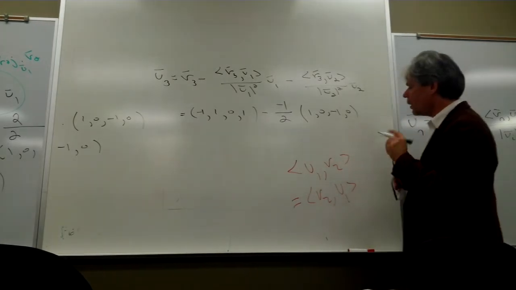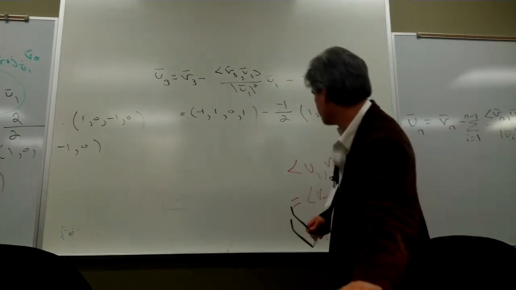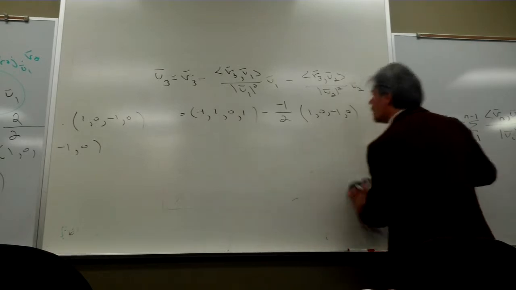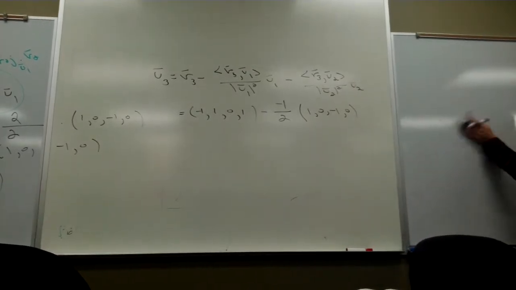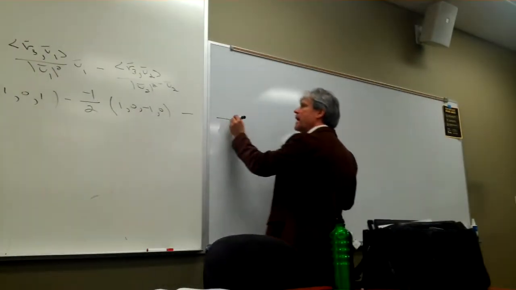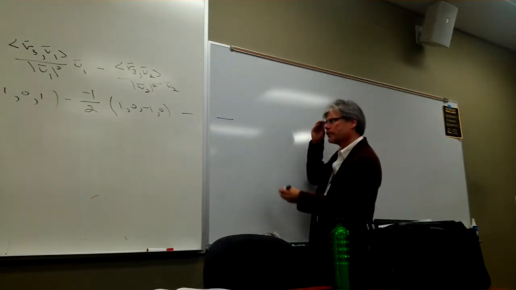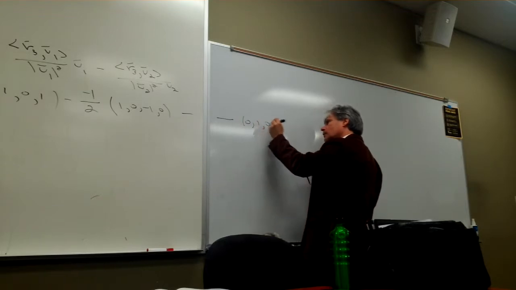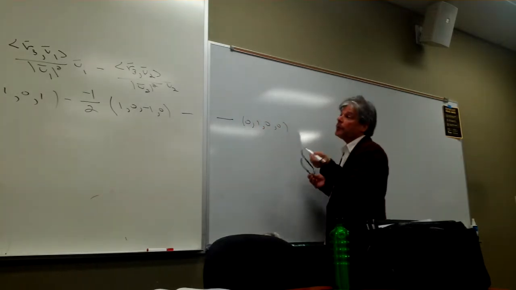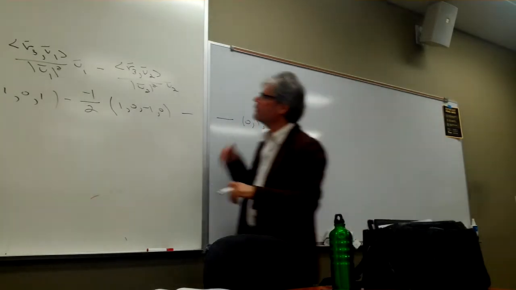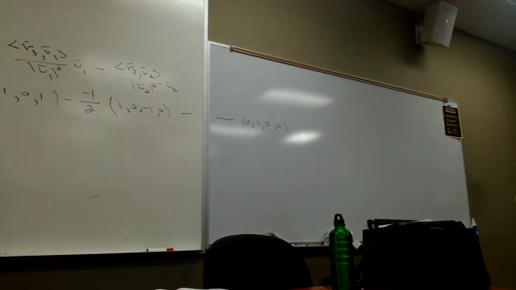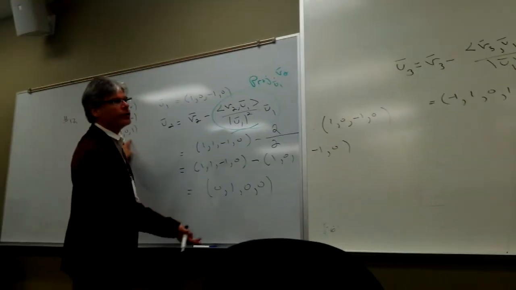Oh, I've got to keep going. Hold on. Let me give myself some room. I now need to subtract off a fraction times U2 bar, and U2 bar I just found to be 0, 1, 0, 0. But the fraction up front is the inner product between V3 bar and U2 bar.